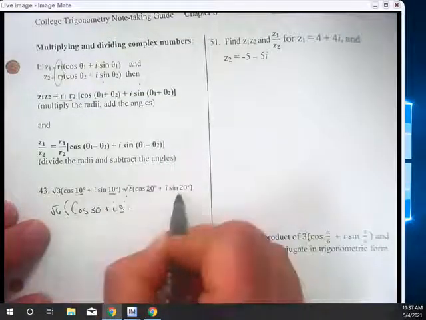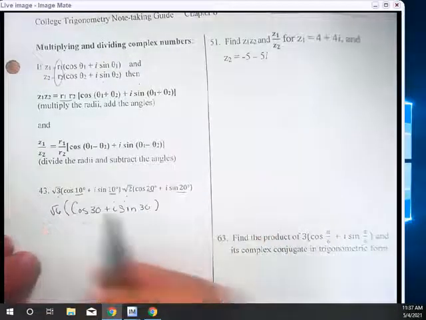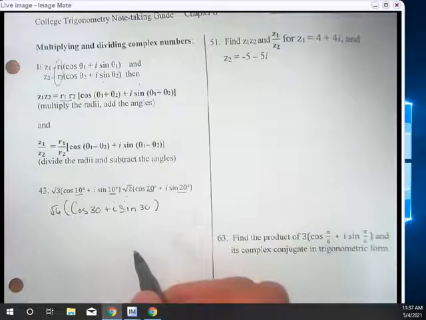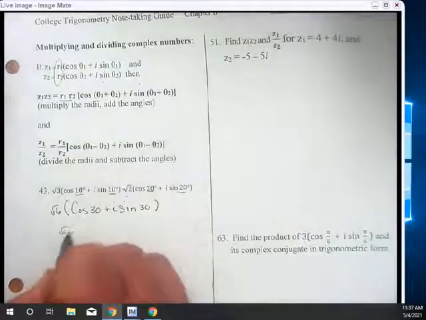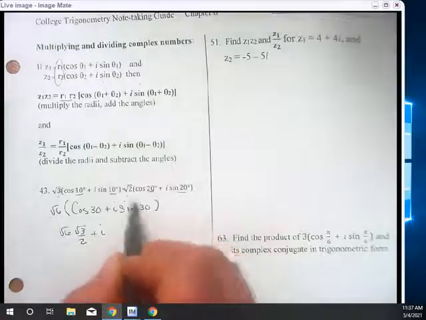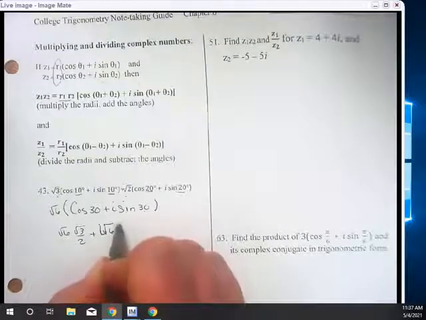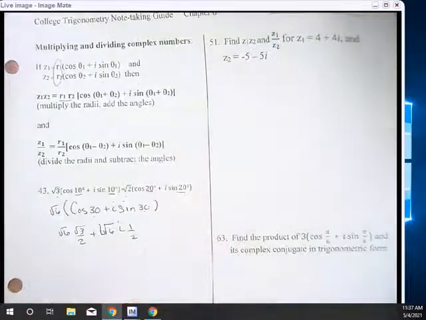Sine of 10 plus 20. Now, what is your cosine of 30? Square root 3 over 2. What is your sine of 30? 1/2. And are you okay if I go ahead and distribute that radical 6, or do you want me to wait till the end? Wait till the end.